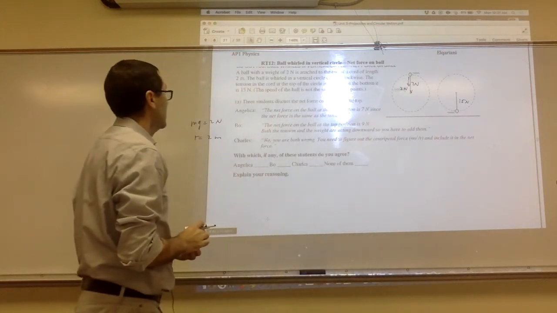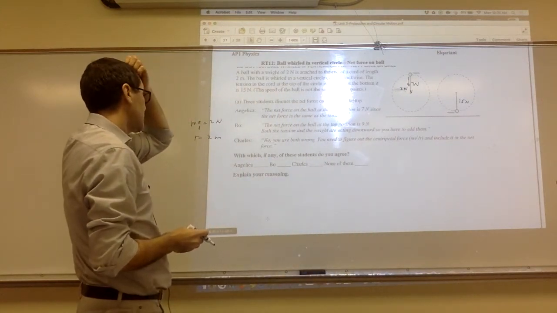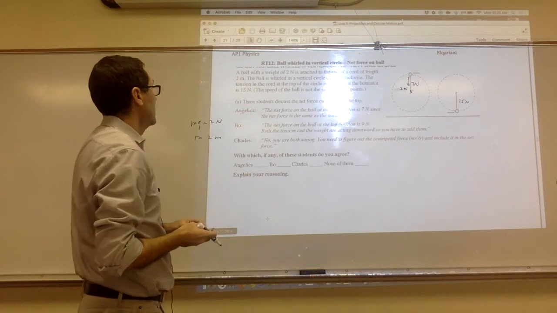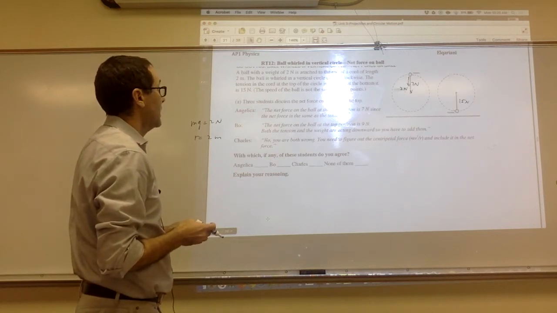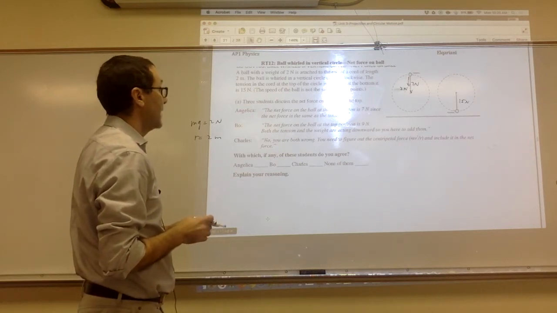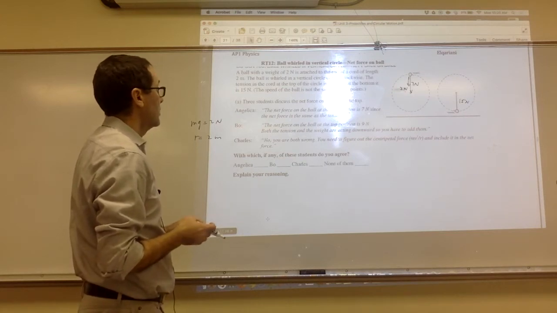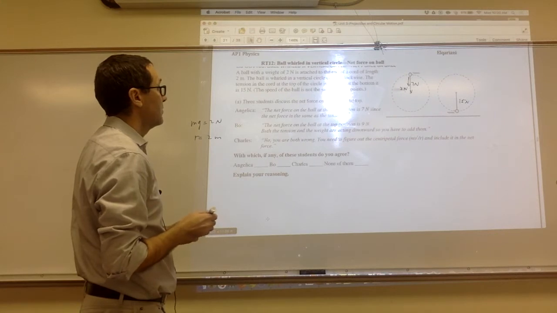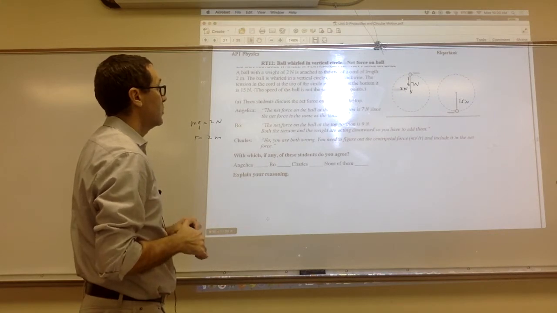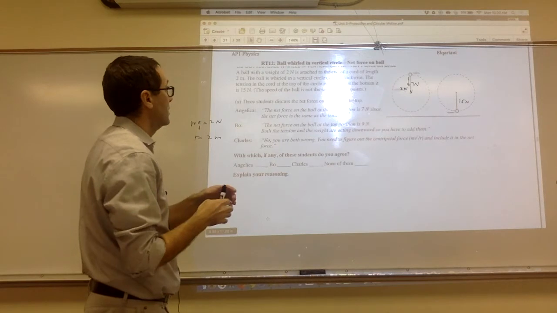So that's out. Another student says the net force on the ball at the top position is 9 newtons. That's true. Both the tension and the weight are acting downwards, so you have to add them. That's true. Charles says, no, you are both wrong. You need to figure out the centripetal force, mv squared over r, and include it in the net force. Well, we can't do that.